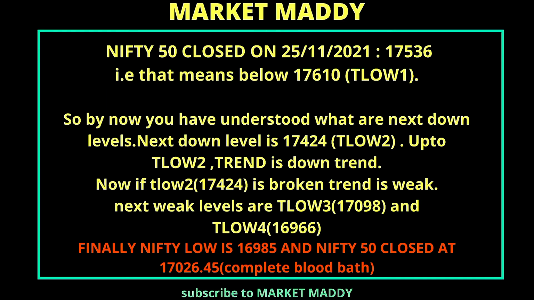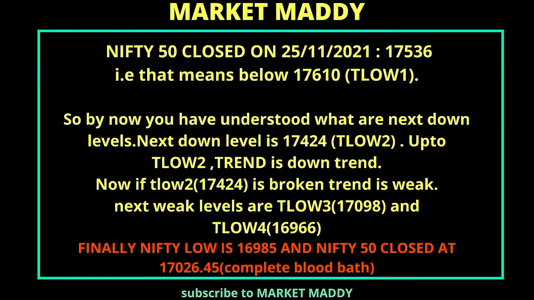Then it broke 17,610 also in just the next one day, and it came and settled at T low 2. As I have been explaining to you, once it breaks TCR, it is supposed to come to 17,424. So it came to 17,424. Now after 17,424, it bounced back to 17,610.